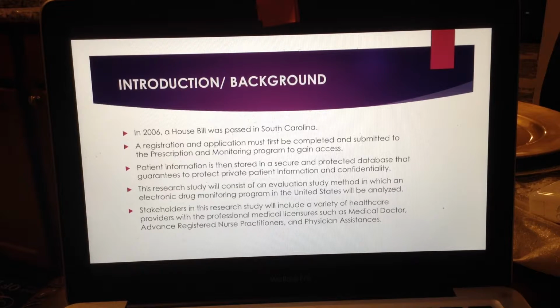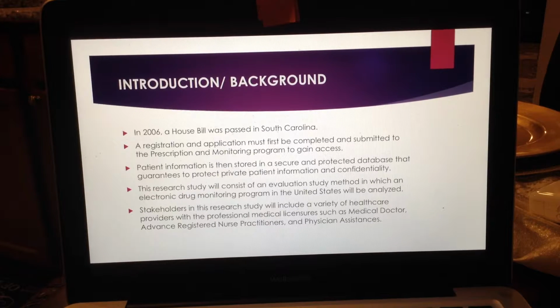And even with Medicaid, there's now a rule implemented stating that physicians who have patients who are Medicaid holders must review the SCRIPTS application before prescribing any other pain control substance, or else they will be penalized.